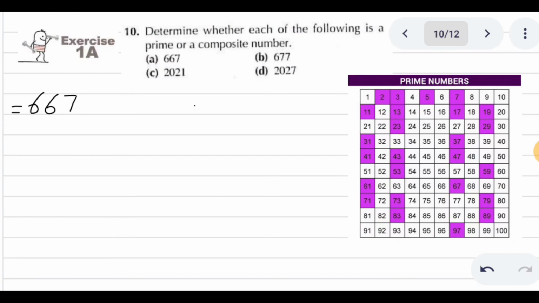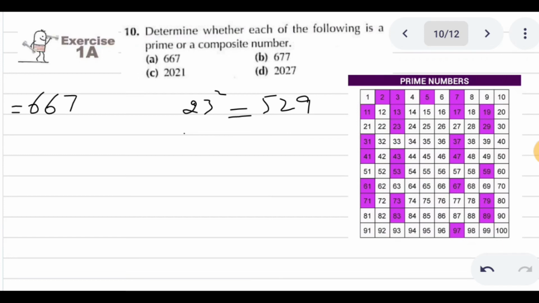So we will pick any random number. Say for example, we took the number 23 from this prime number table. The square of 23 is 529, which is less than 667.